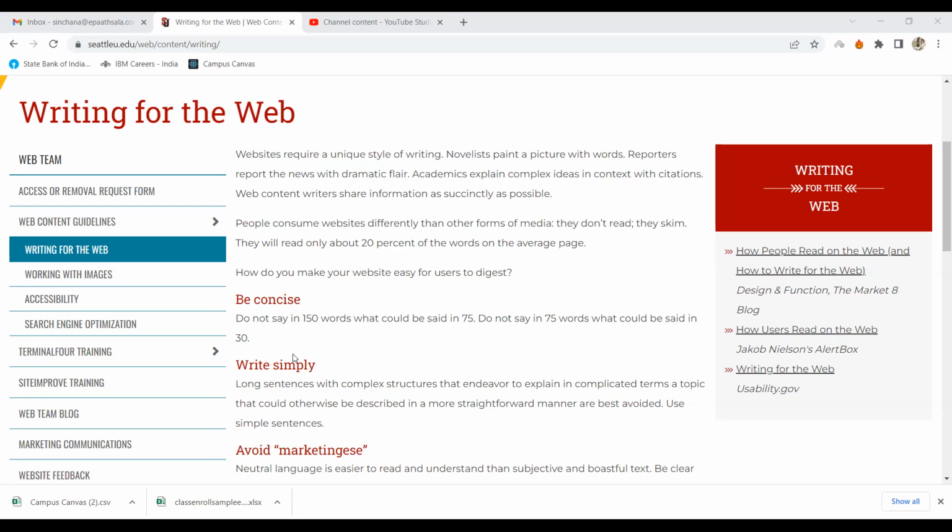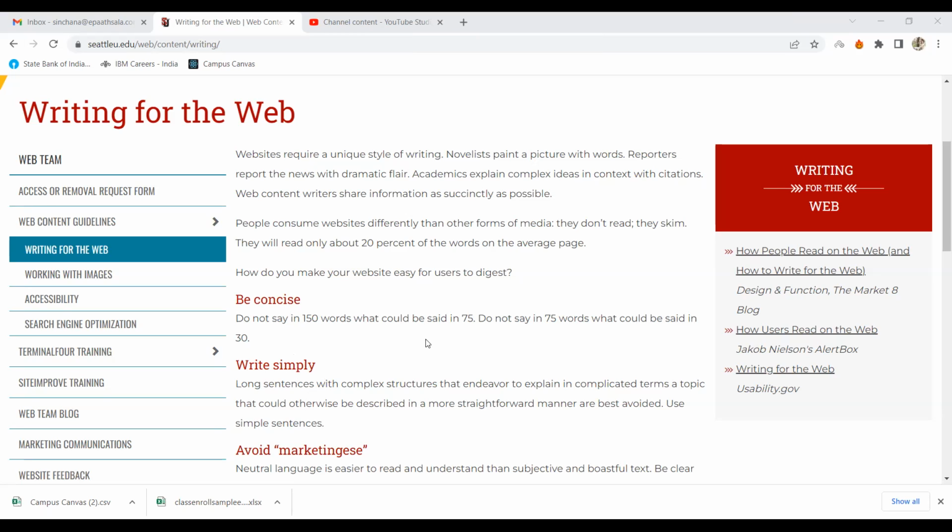You cannot end in 75 words. So do not say in 75 words what could be said in 30. Now, you cannot do the opposite also. If you need to write very briefly, we don't make it 100 words.